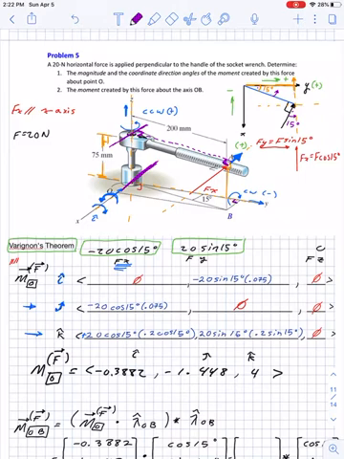If this is a 90-degree angle, that y component is just this part right here, and that part is 0.2.